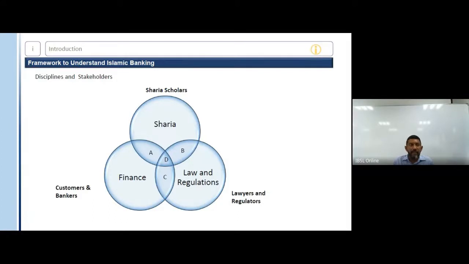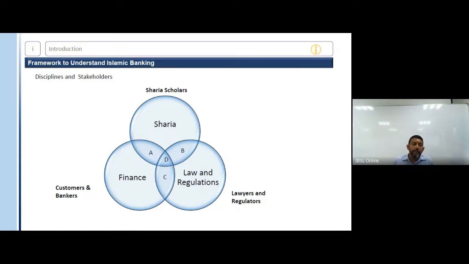Number one, even from the customer side, there are non-Muslims who are using Islamic banking facilities, Islamic banking services. Maybe a small minority, maybe 10%, maybe 20%, but there are still non-Muslims, people who don't belong to the Islamic faith, who also use Islamic banking transactions.